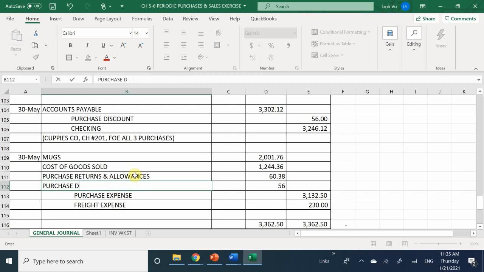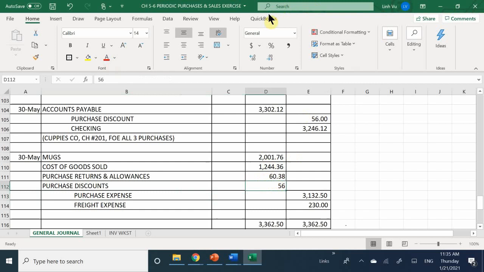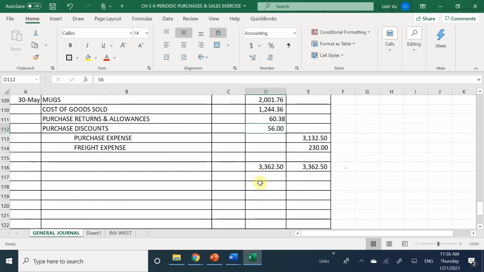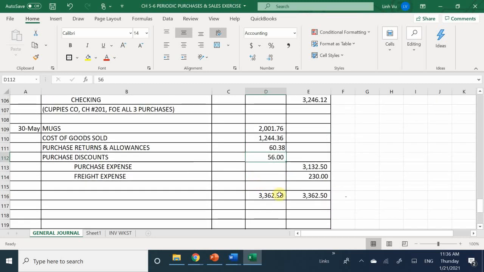But in this case, we need to recognize that because we did separate those accounts into two separate ones, the purchase discount is separate from the purchase returns and allowances. So again, $56, and then now we match on both sides.